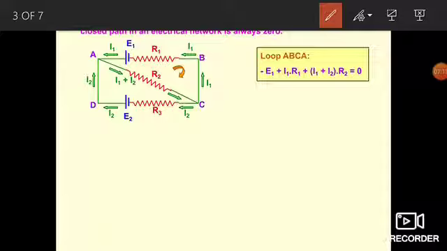That's why this terminal of R1, from where it is entering, is positive. So this terminal becomes plus. That's why it is plus I1 R1. Now when this current reaches towards E1, you will get the negative of E1 first. That's why it is written negative of E1.